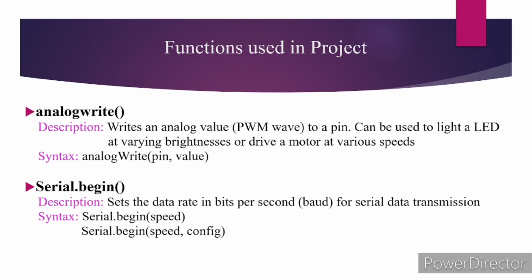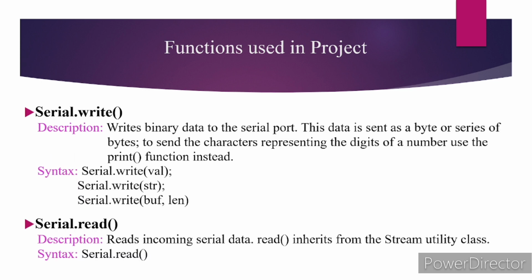The following functions are used for serial tanks: Serial.begin, Serial.write, and Serial.read. The Serial.begin function sets the data rate in bits per second for serial data transmission. Serial.write function writes binary data to the serial port.